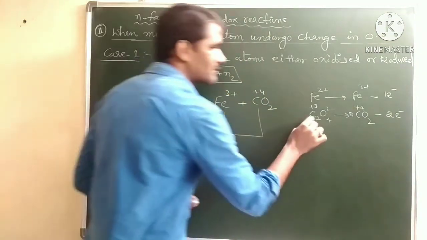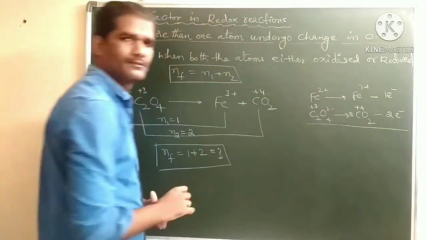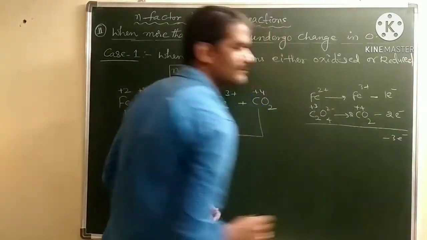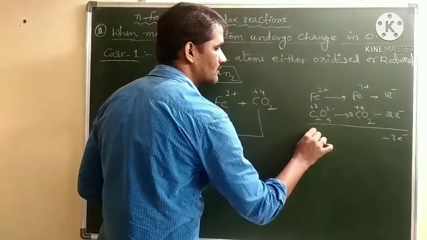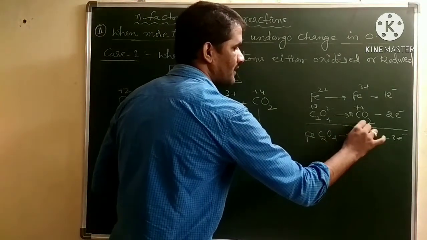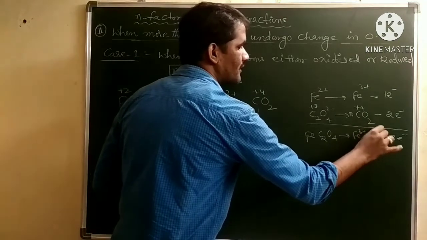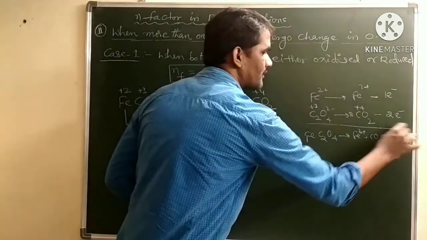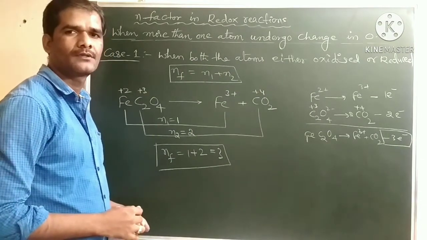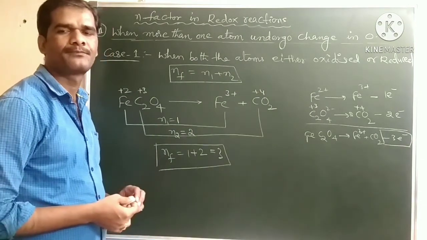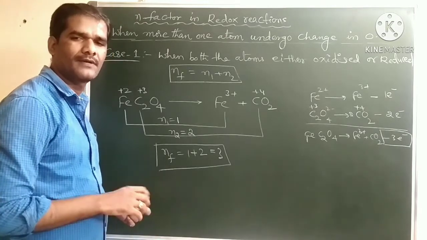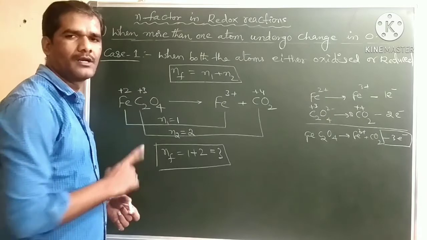Now the total electrons lost by this molecule is 3 electrons per molecule, giving iron 3 plus and carbon dioxide. So the number of electrons lost by one molecule is 3. So you can take the n-factor as 3. So it is either the total number of electrons lost or the total number of electrons gained by one molecule.